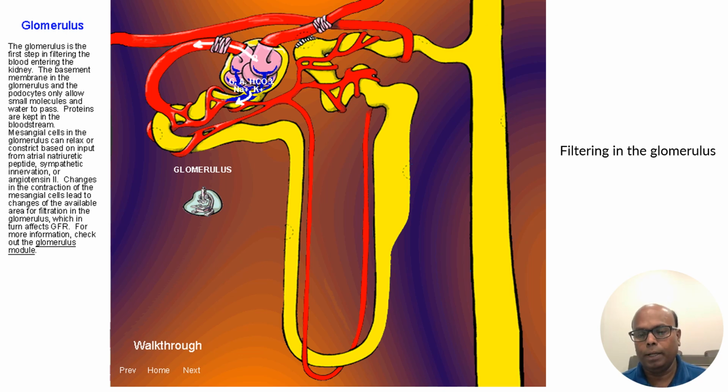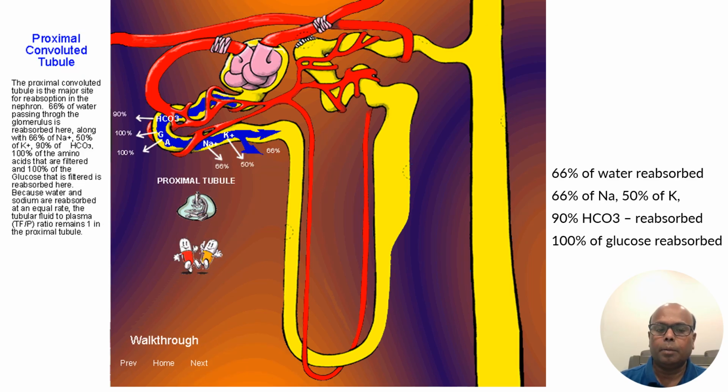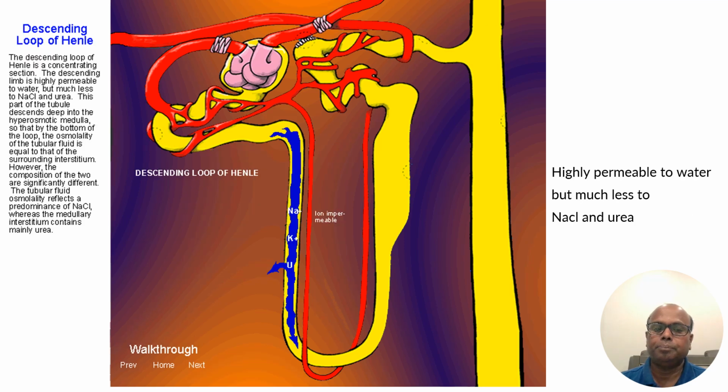The following slides will explain how that happens at the kidney level. The total cardiac output is filtered via the glomerulus. In the proximal convoluted tubule, 2/3 of the water gets reabsorbed, and also 66% of sodium, 50% of potassium, 90% of the bicarbonate, and 100% of the glucose.